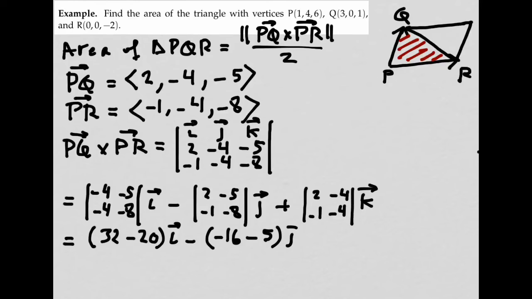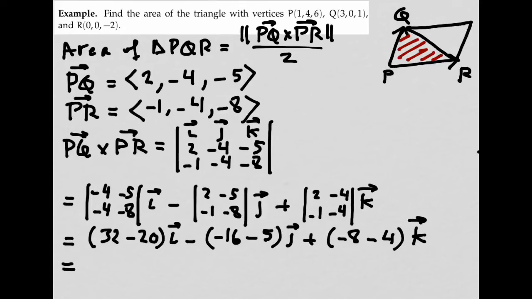All multiplied by the vector J, plus 2 times minus 4, which is minus 8, minus 4 times minus 1, which is plus 4. All multiplied by the vector K.